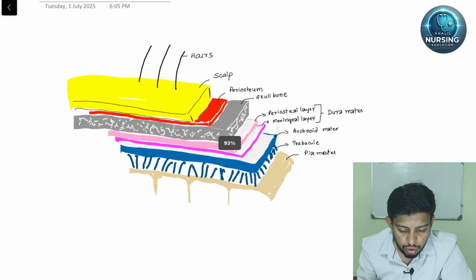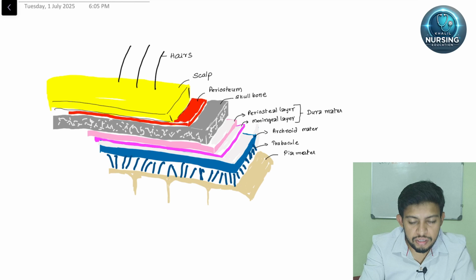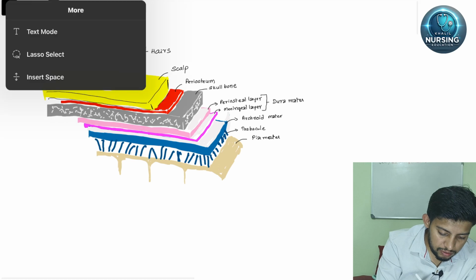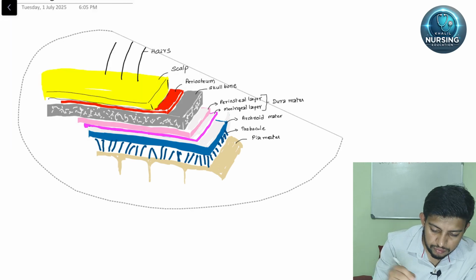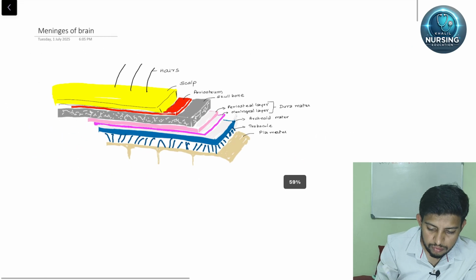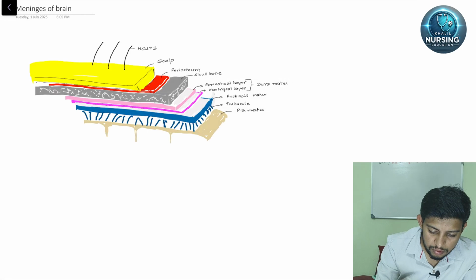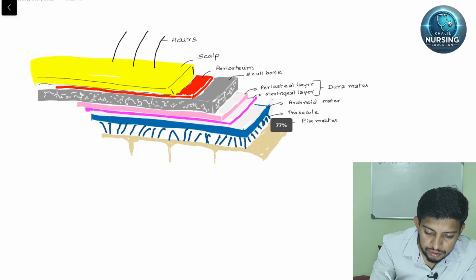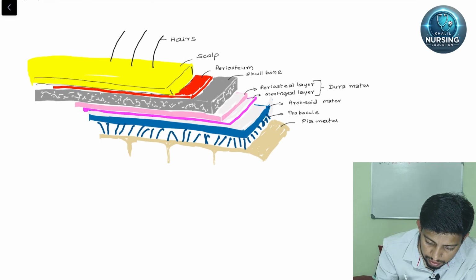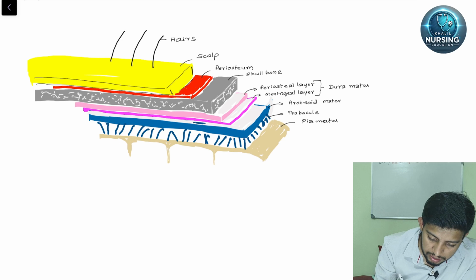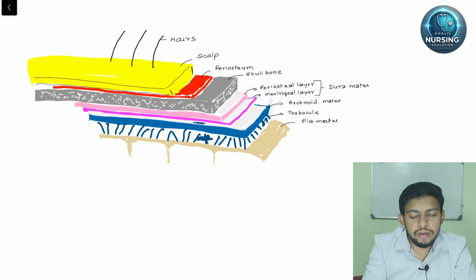If I want to show you the spaces between the meninges, I will take this one as an elongated one. The space between them, here on this side we are having the subdural space, and this space is called the subarachnoid space.